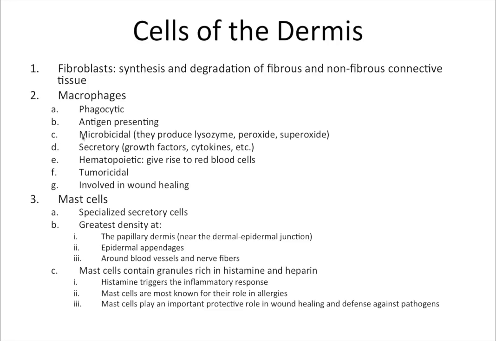So they're also microbicidal, and essentially they produce lysozyme, which can digest foreign bodies. Also peroxide and superoxide. These are free radical species, and they actually can be used to kill off foreign invaders by immune cells.